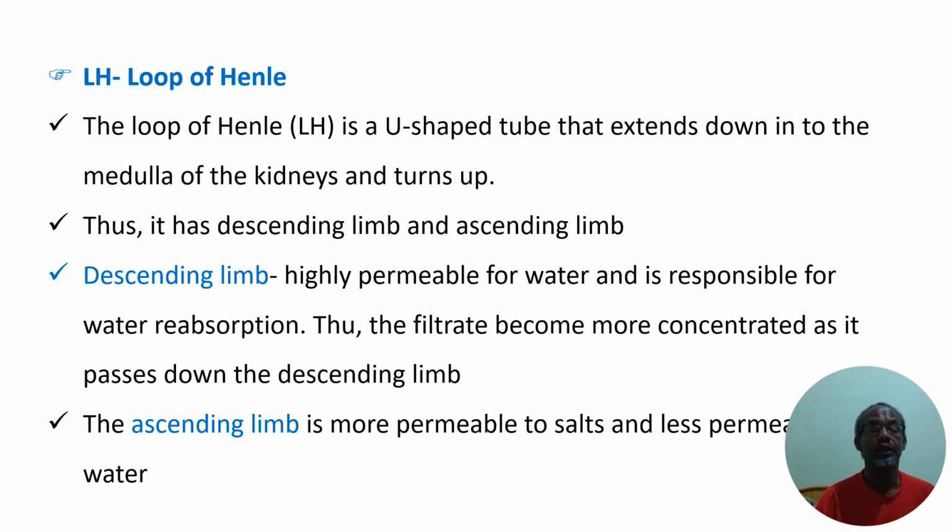As you can see, the filtrate, as it moves through the descending limb and loses water, becomes more and more concentrated. The ascending limb is more permeable to salts and less permeable to water. Salts, especially chloride, sodium, calcium, and magnesium, are reabsorbed in the ascending limb.